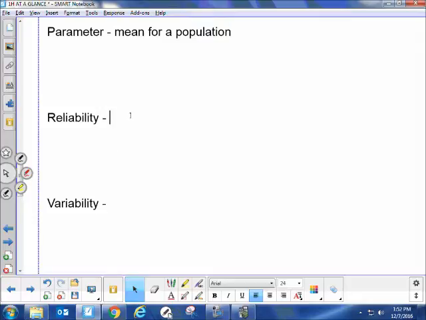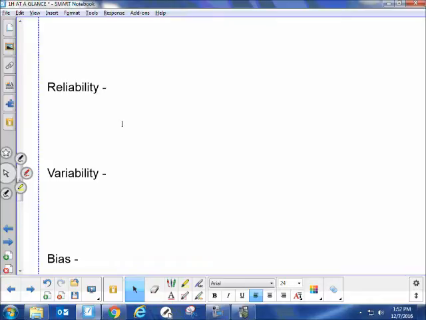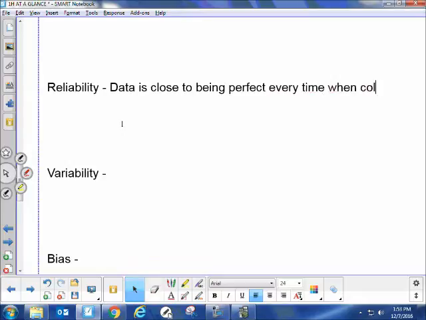Okay? Now we're hoping that our statistic is reliable and the data is reliable. Reliable data means data is close to being accurate, perfect every time when collected. It is the inverse of variability.